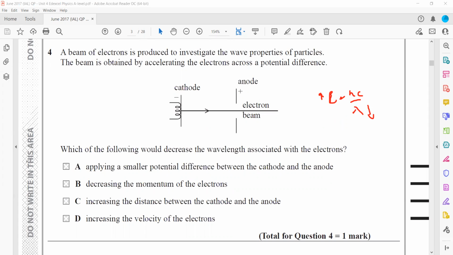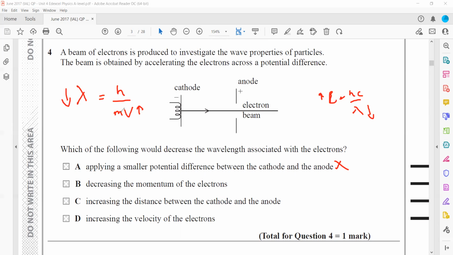How can we increase the energy? Remember Planck's constant and the de Broglie wavelength: lambda is equal to h divided by mv. If I increase the momentum, the wavelength will decrease. Applying a smaller voltage means it will move slower, so momentum is less and the wavelength will be longer.